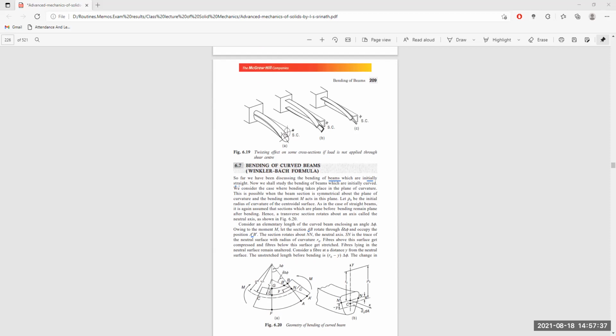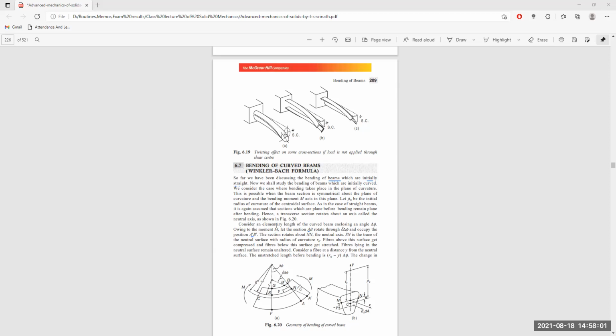Here also the section everywhere remains plane before and after bending. It is not twisted or disturbed.